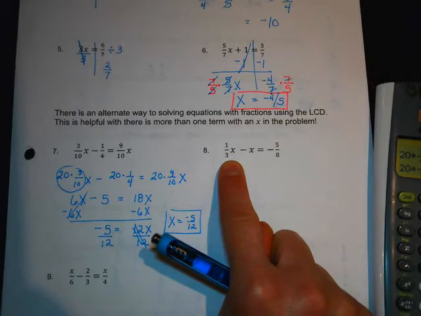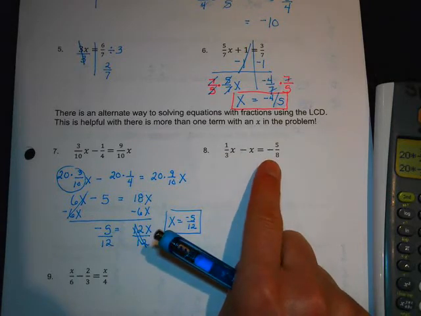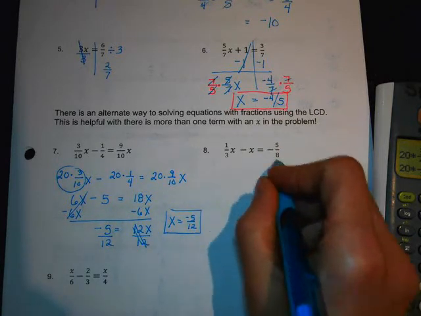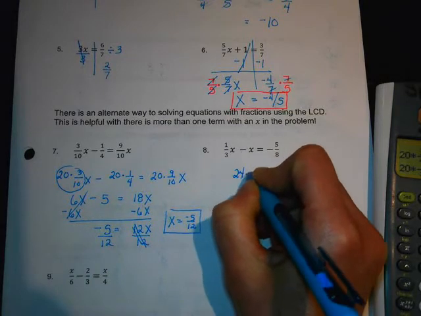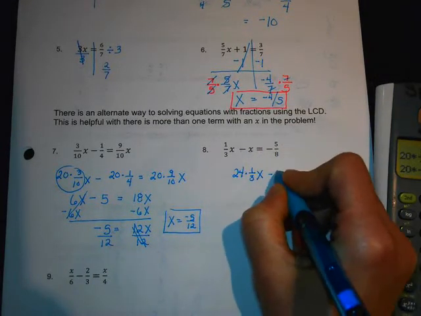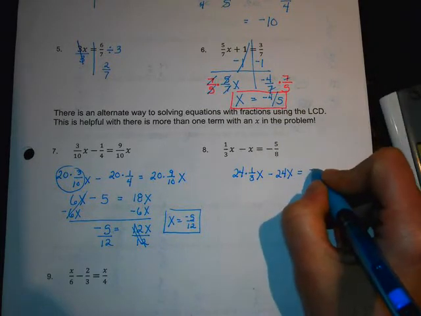Do you see 24 is the first multiple these guys have in common? So what we're going to do is everyone gets a 24 in the front.